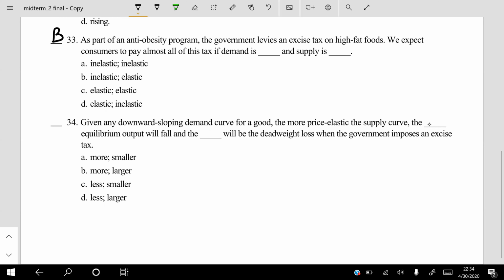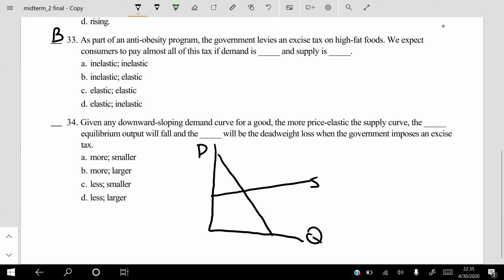Given any downward sloping demand curve for a good, the more price elastic the supply curve, the blank equilibrium output will fall, and the blank will be the deadweight loss when the government imposes an excise tax. So if we're imposing an excise tax, let's see. Here's Q, here's P, here's demand. So say you increase this because there's an excise tax.